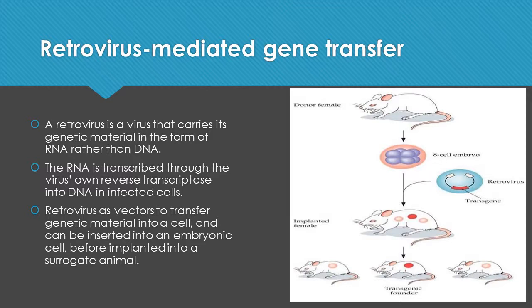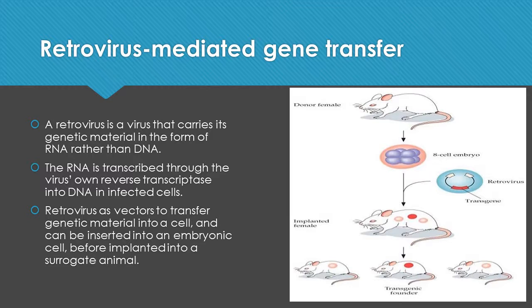First, you can insert the desired transgene into the retrovirus genome, which acts as a vehicle. The RNA is transcribed through the virus' own reverse transcriptase into DNA in the infected cells.